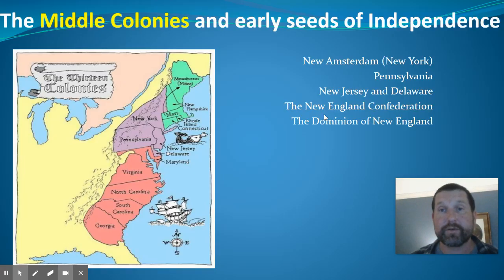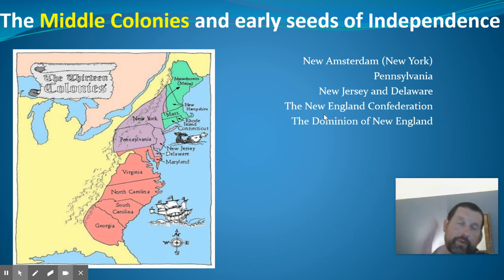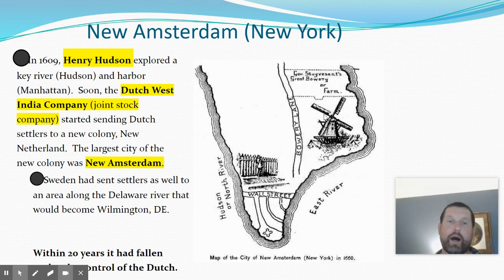Okay. The middle colonies. We talked about the South, and I already kind of name dropped the North. The middle colonies we'll know in modern day as New York, New Jersey, Pennsylvania, Delaware, and we'll talk a little bit about that. And then we'll get into, as the bottom of this slide suggests, the New England Confederation and the Dominion of New England.